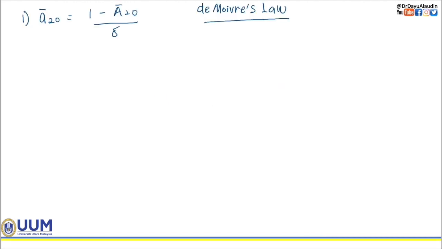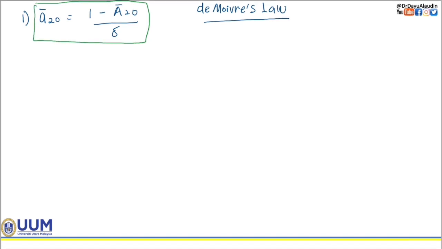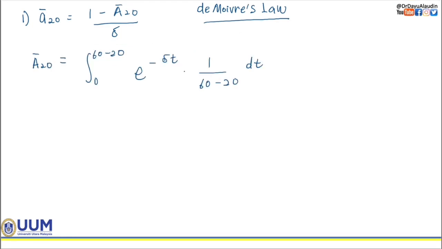So for the first one, de Moivre's law, we can find the life insurance, and then the life annuity, using this equation. This equation is very important. So we can find the whole life insurance.